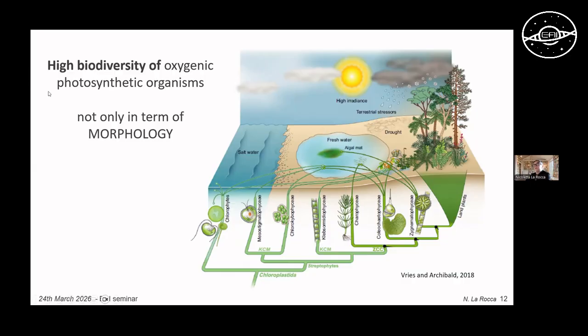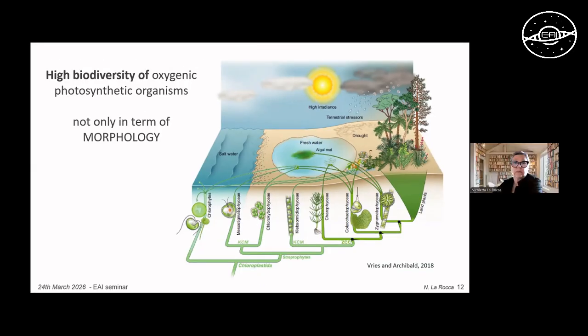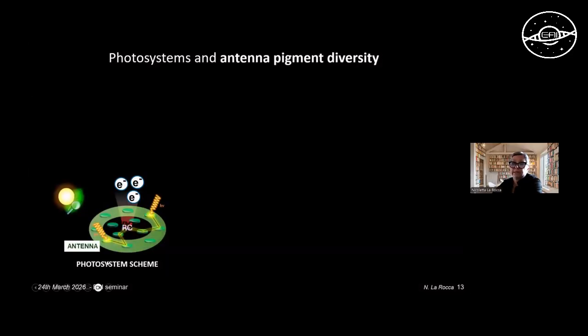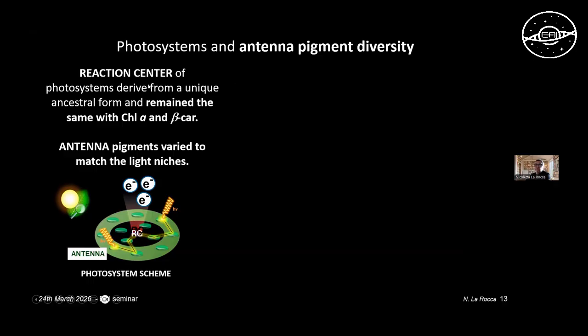So we can observe a very high biodiversity of photosynthetic organisms, but this biodiversity is not only in terms of morphology. The photosynthetic organisms all utilize photosystems that harbor photosynthetic pigments, and the photosystems are characterized by a reaction center that is maintained along all the evolution of photosynthetic organisms.